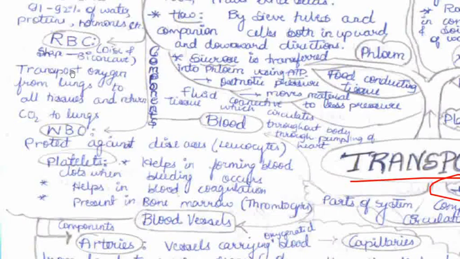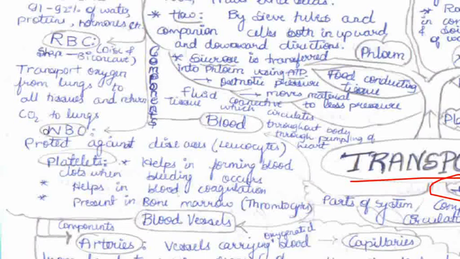As we have known, there is a pigment called hemoglobin. What is the pigment called? Hemoglobin. It is a respiratory pigment. It is helpful in carrying oxygen to every cell of our body.